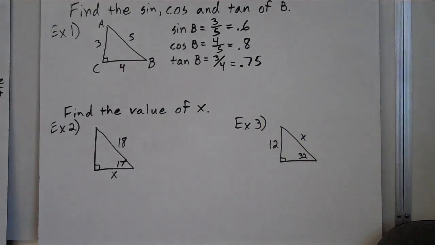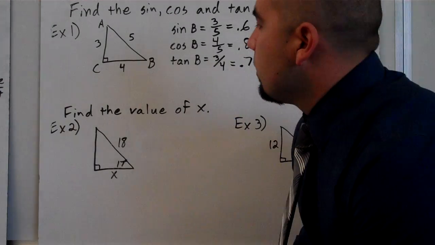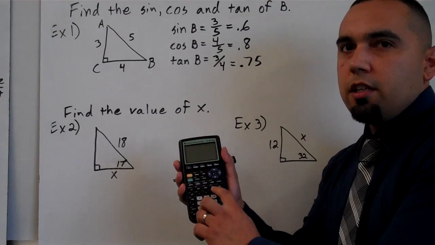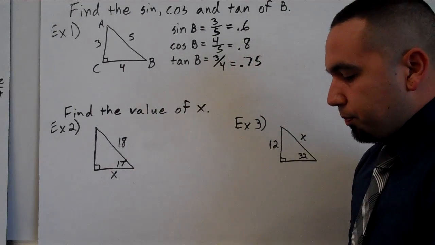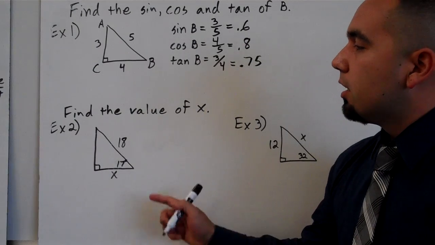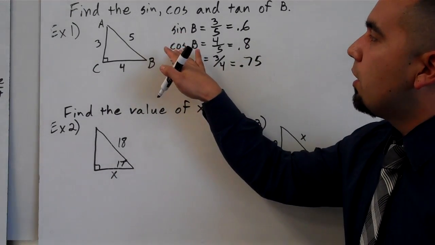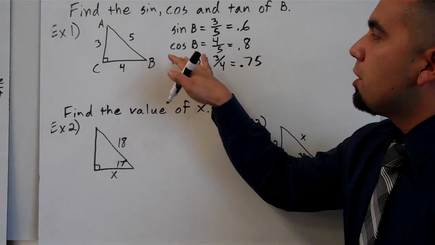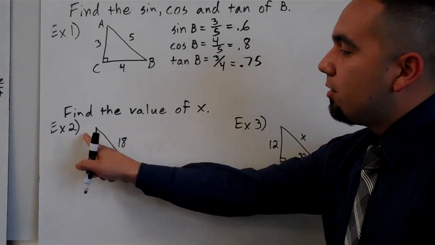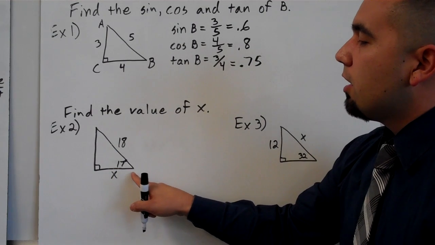So you need your trusty calculator. I have mine right here. And again, you're going to need a calculator with sine, cosine, and tangent. Okay, so let's get on this. I have these trig ratios here, and I need to figure out which one uses the values that I have, because I don't have the opposite side of this angle.